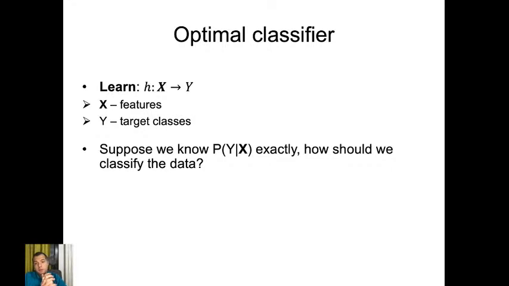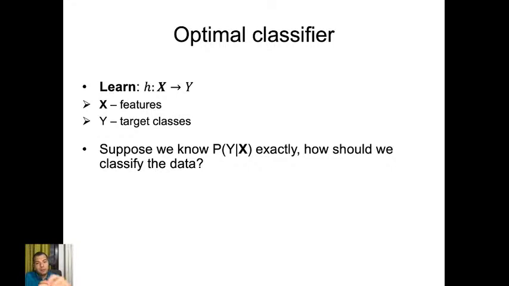So we have a function here, denoted by h, that maps the data samples, the space x, to y. So this is the continuous function that we want to learn. And supposing that we know this probability for the entire space, the conditional probability that given a sample x, we have this label.